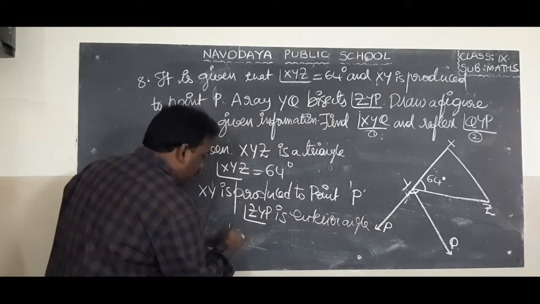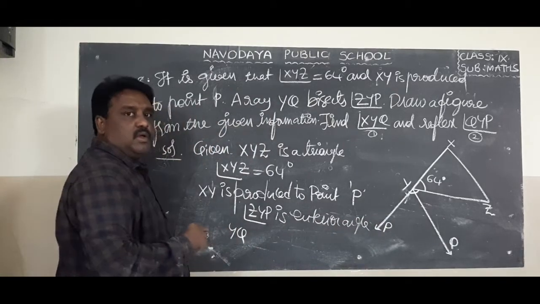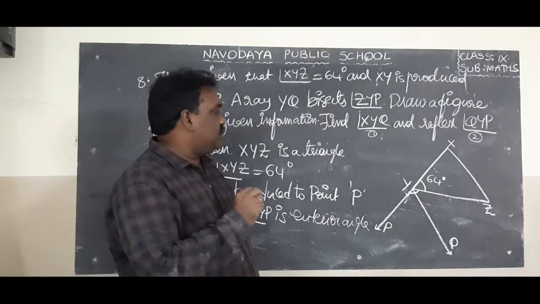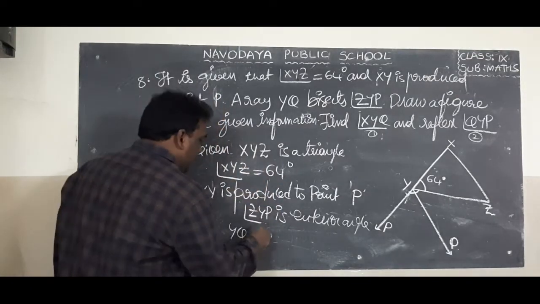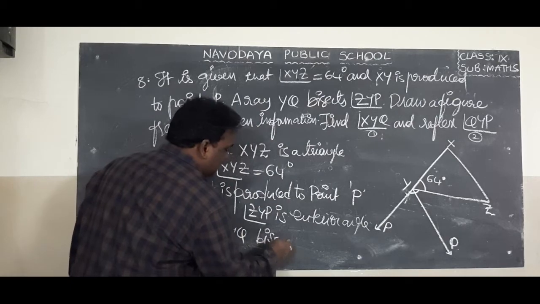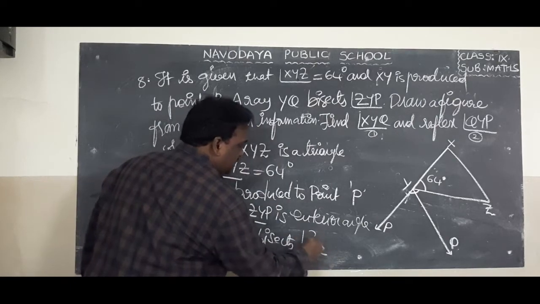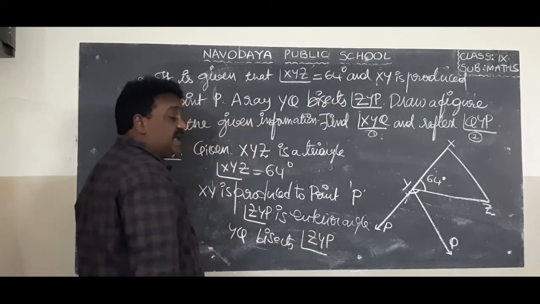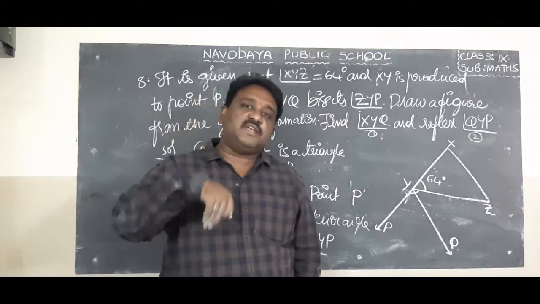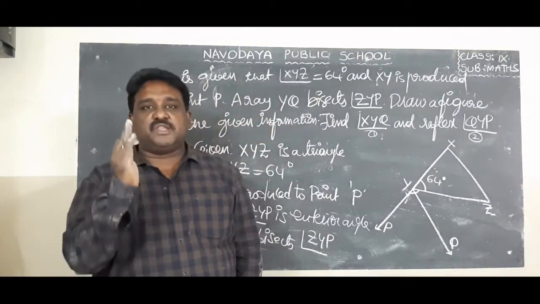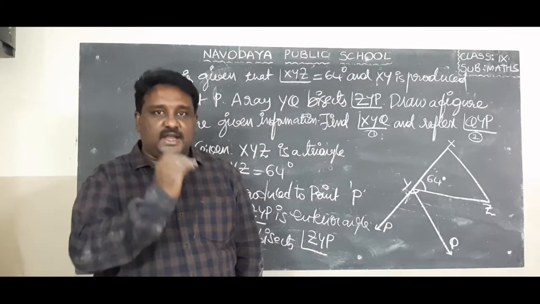Next, YQ. See the diagram. YQ bisects angle ZYP. What is angle ZYP? Exterior angle. How we get exterior angle? By producing the sides of the triangle, we get exterior angle.